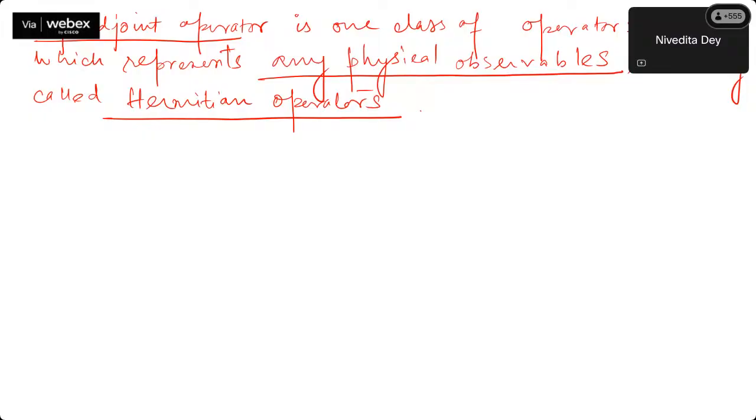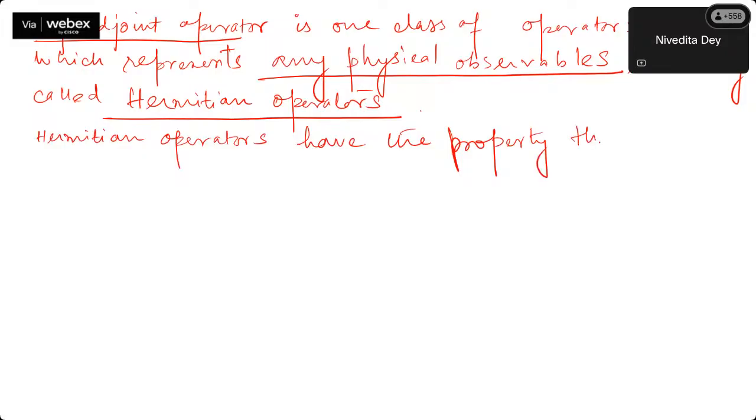So Hermitian operators have the property that A dagger is equal to A. That is, they are self-adjoint.